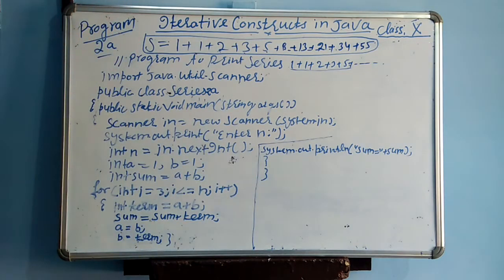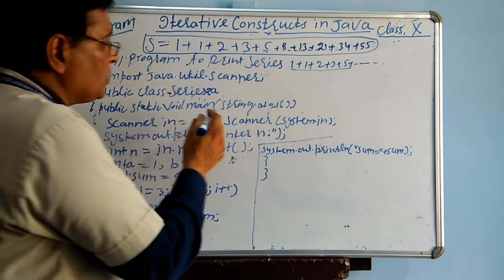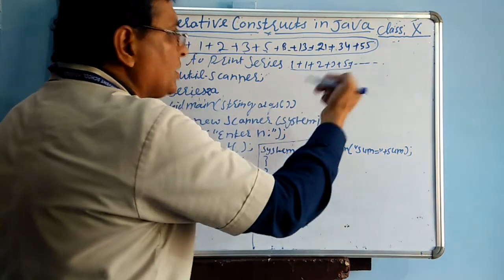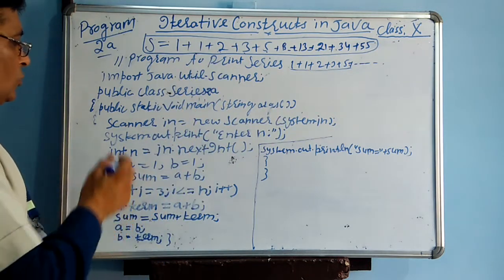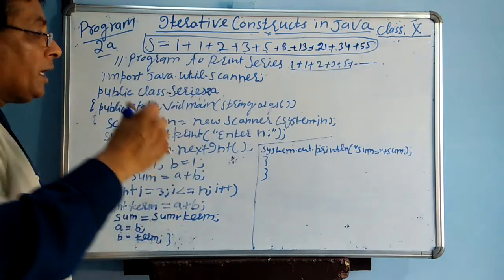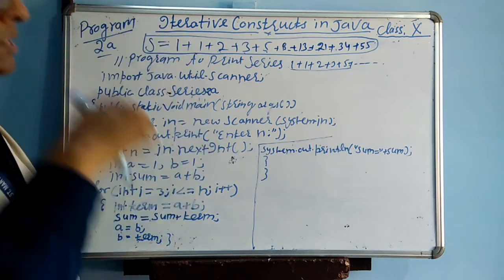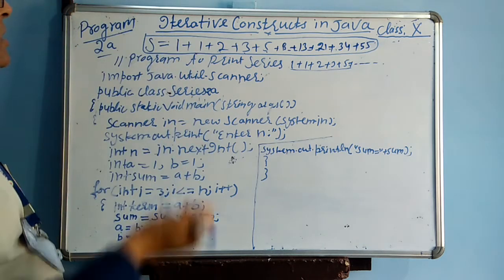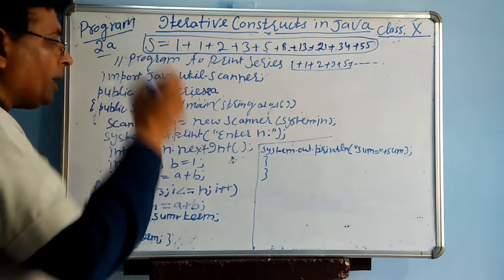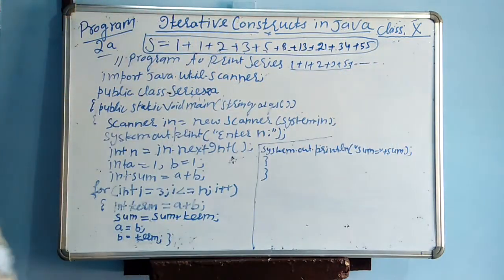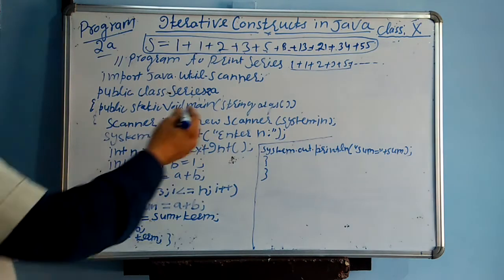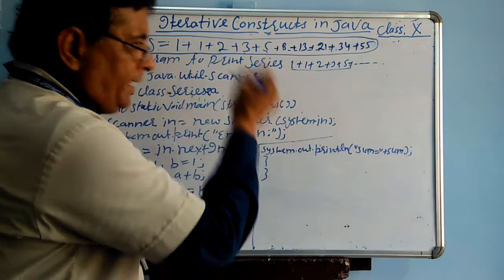Now we have to use the Scanner: Scanner in is equal to new Scanner(System.in); semicolon. Then you have to use an output statement to enter the number of digits, how many numbers you want to add for making this type of series. So in double quotes you will write "Enter n".